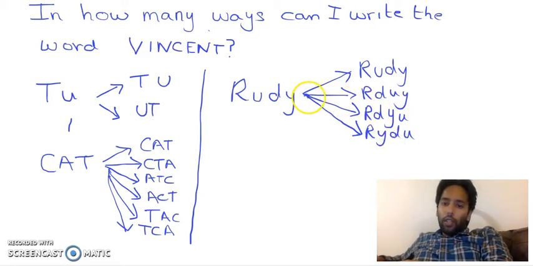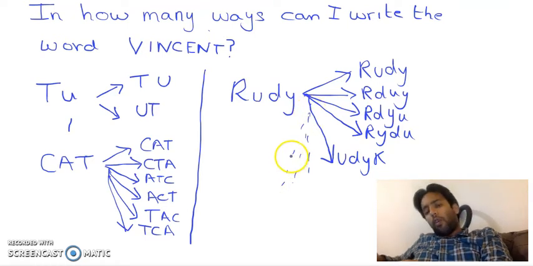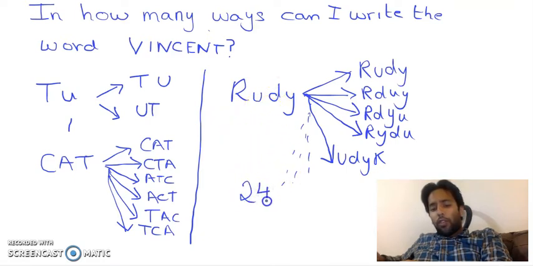And you'll keep doing it. Like now, the next one you could start with UDYR and so on and so forth until you get about 24. So if you keep doing this, and you can do this for yourself, you get 24 ways in which you could write Rudy.